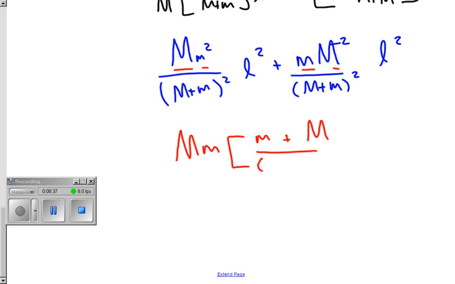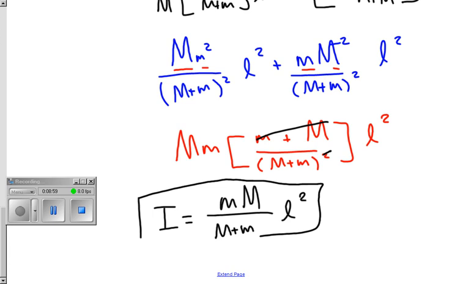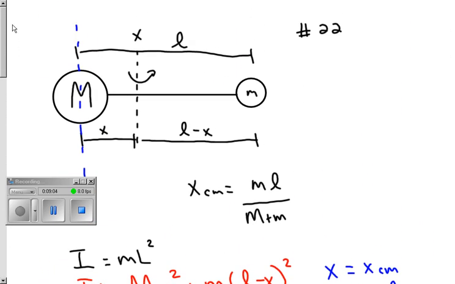And we're left with that over (big M plus little m) squared and an L squared. And now we see that this term cancels out with one of these, and we're left with m big M over M plus m times L squared. And so that is the moment of inertia of an object that is similar in form to this up here as we rotate about its center of mass.